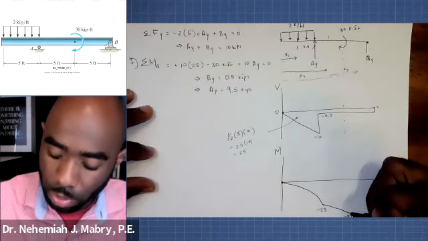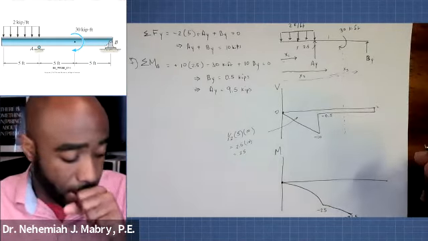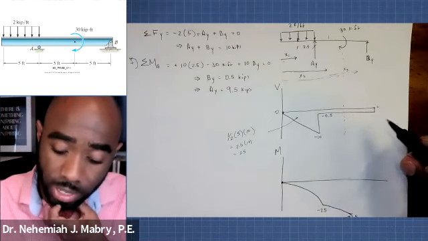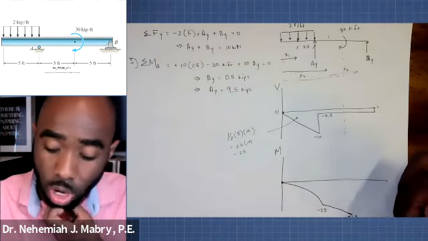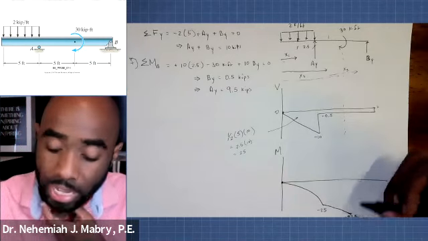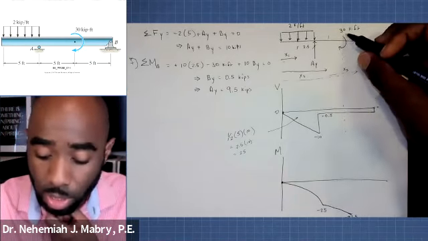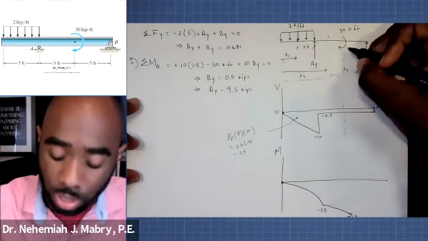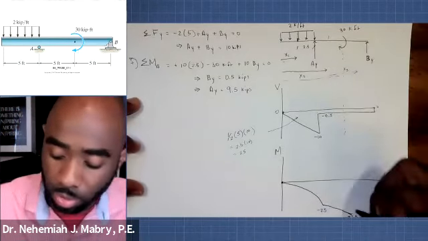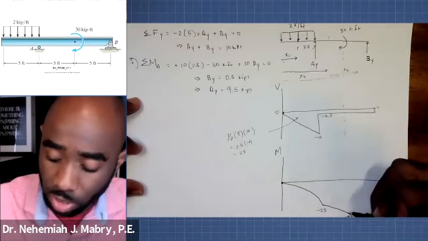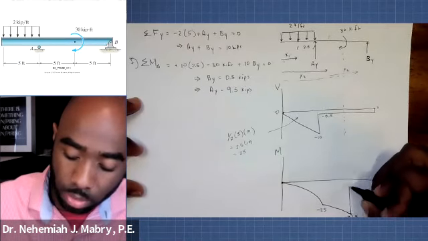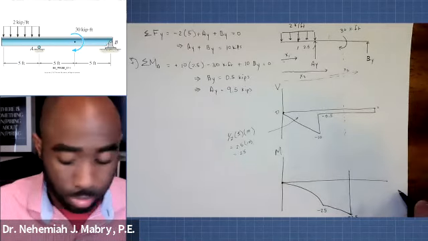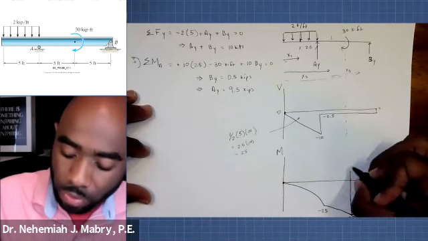Since it's positive, it's going in this direction internally, and externally it's going this way. Internally, it's going to counteract that. So it's going to go from negative 27.5 and jump up 30 to 2.5.